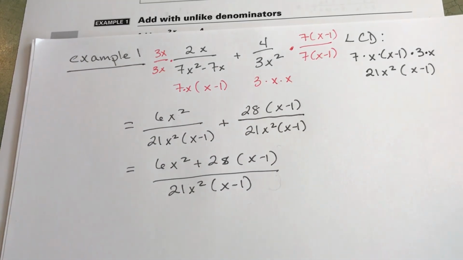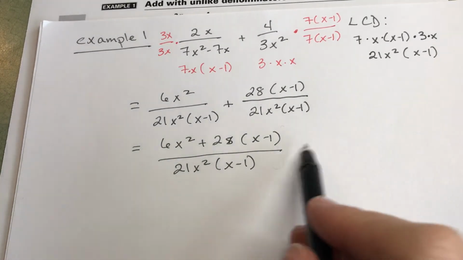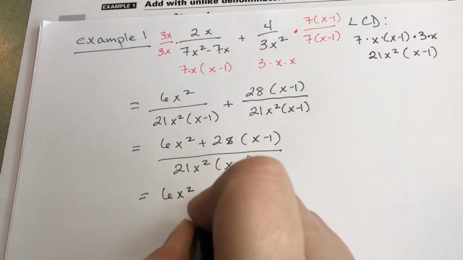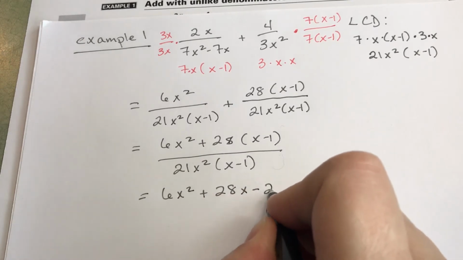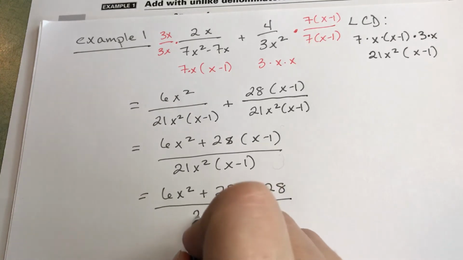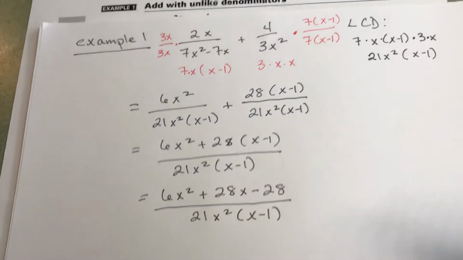Okay, and then I am going to simplify. So 6x squared plus 28x minus 28 divided by 21x squared times x minus 1.